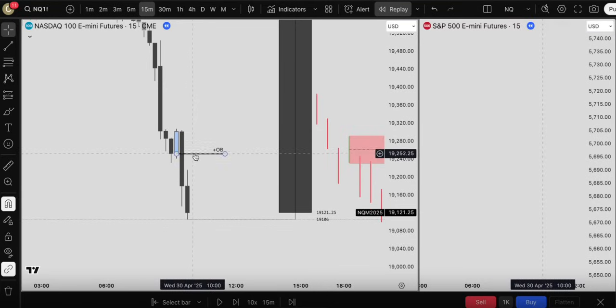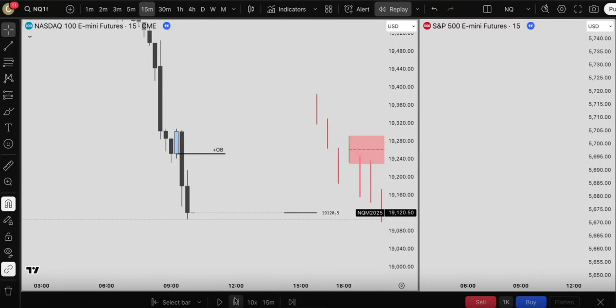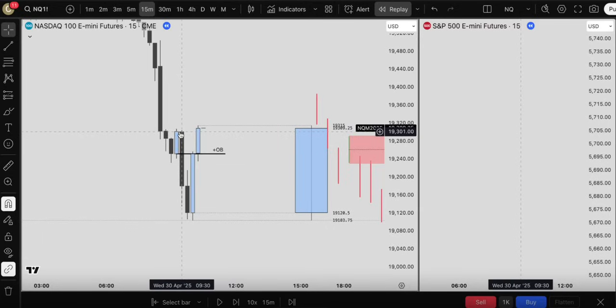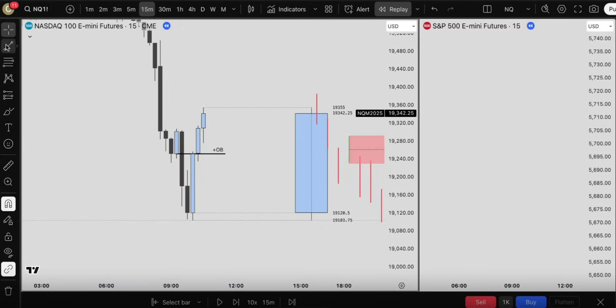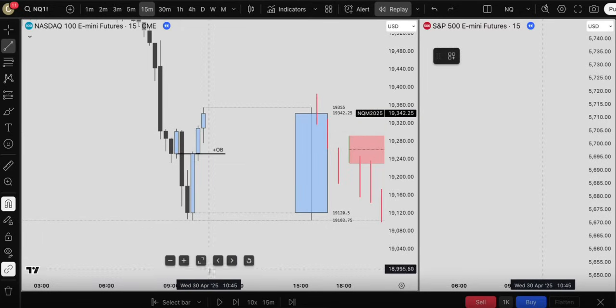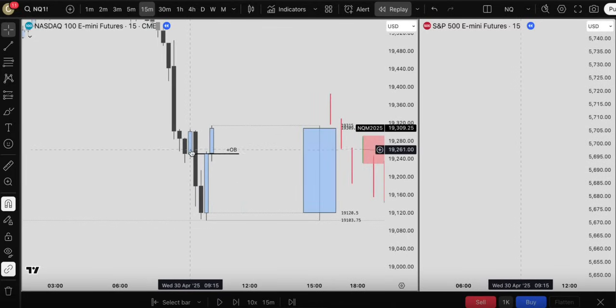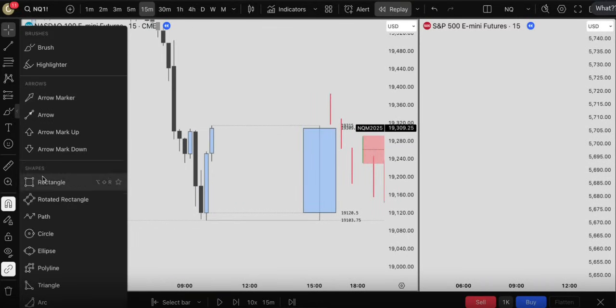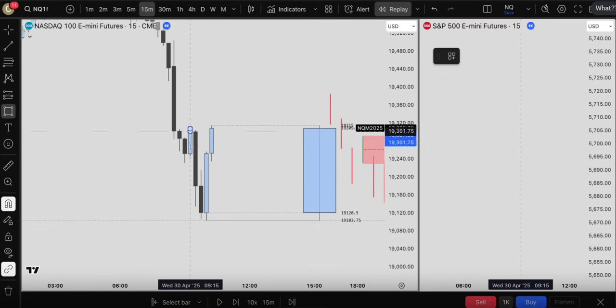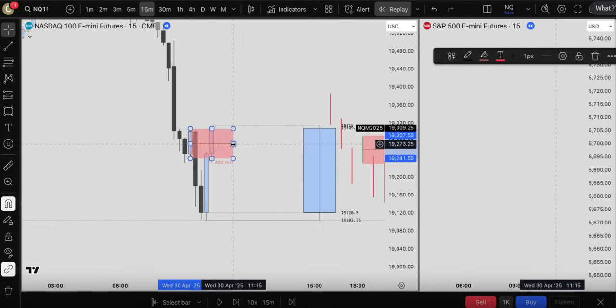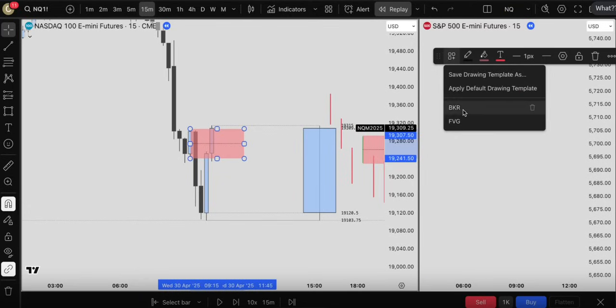We don't tap into the order block, but then we close above the order block. Let me go back one. We close above the order block, turning this into a breaker block from the top wick to the bottom wick. And that's the breaker block.